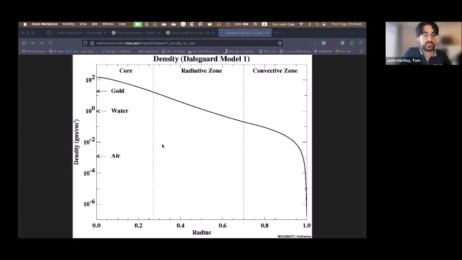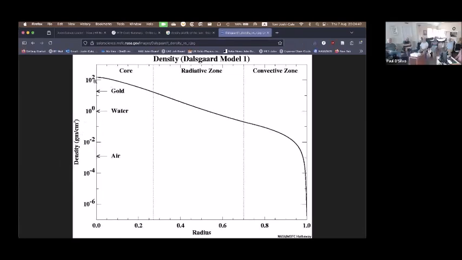Yeah, great question. I'll bring up a quick figure to answer that question for you. Hold on one moment as I get Zoom ready. Okay, so hopefully you can see this plot here. This is from a stellar evolution model called the Dalsgaard model of the solar interior, and so we've got radius on the x-axis here from the center of the sun to the surface, and then density is on our y-axis here.